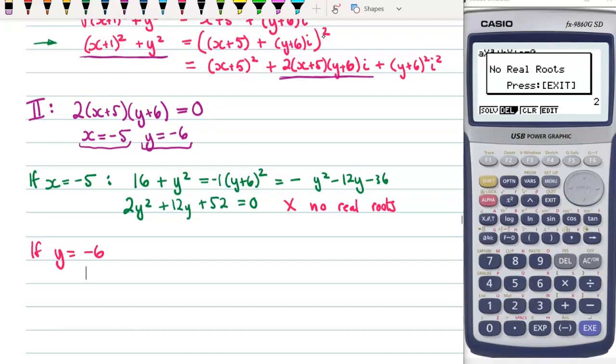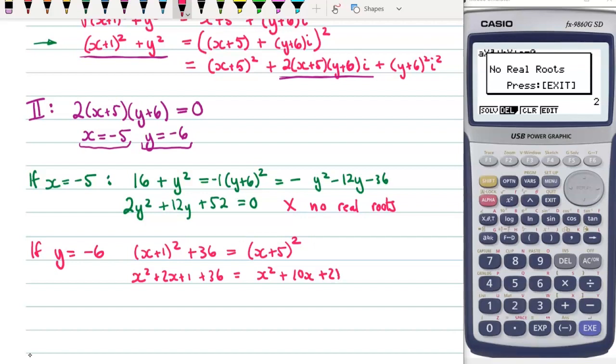So if y is minus 6, we've got x plus 1 squared plus 36 is equal to x plus 5 plus, well, minus 6 plus 6 is 0i, so that's going to have nothing there. It'll just be that bit squared. So we've got x squared plus 2x plus 1 plus 36 is equal to x squared plus 10x plus 25.